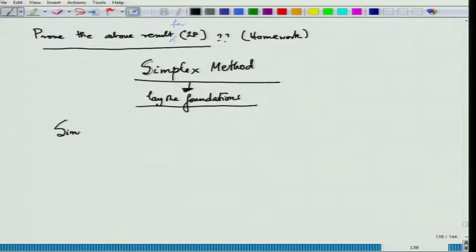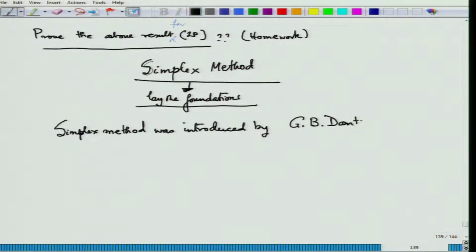The simplex method was introduced, or rather developed, by the famous operations researcher, or actually a mathematician, George B. Dantzig in 1947.